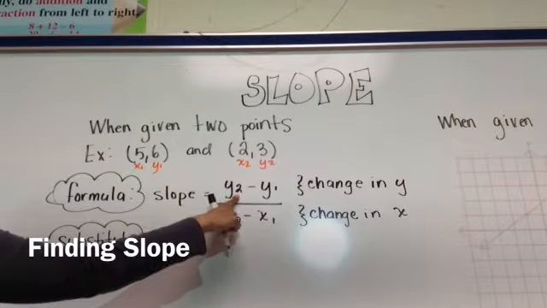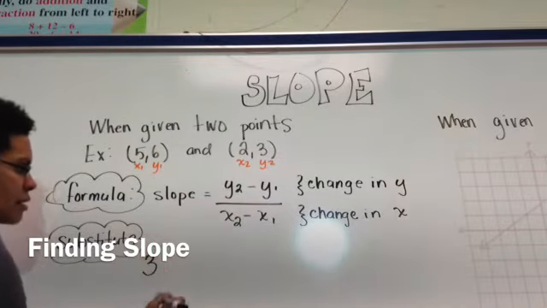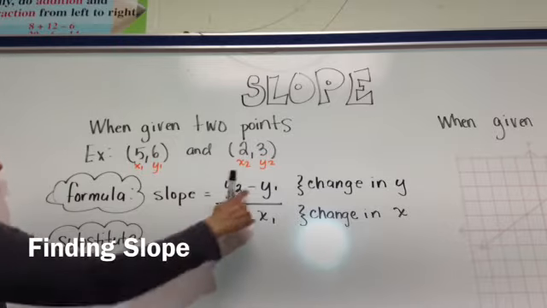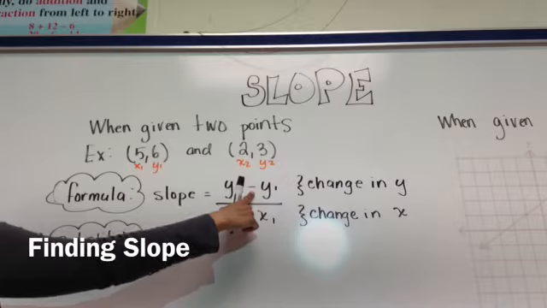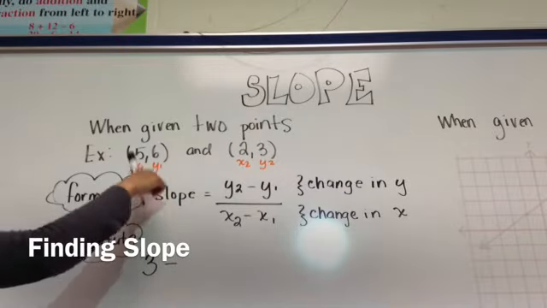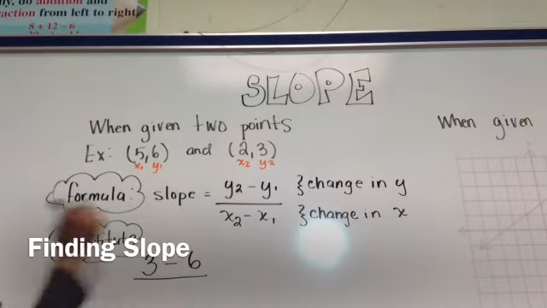So I'm going to replace y2 with the value for y2, and that is 3. This subtraction symbol has to stay because that's how we find the difference and we measure the change. And our first y value, we're going to replace it with 6. And I'm going to do the same to find the change in my x values.